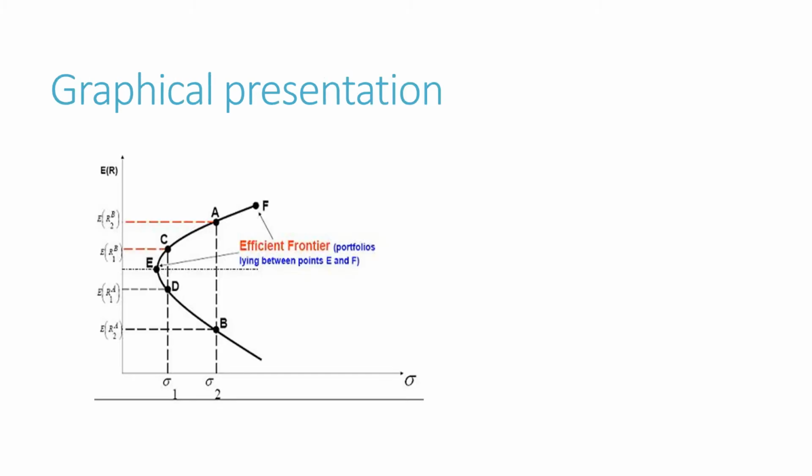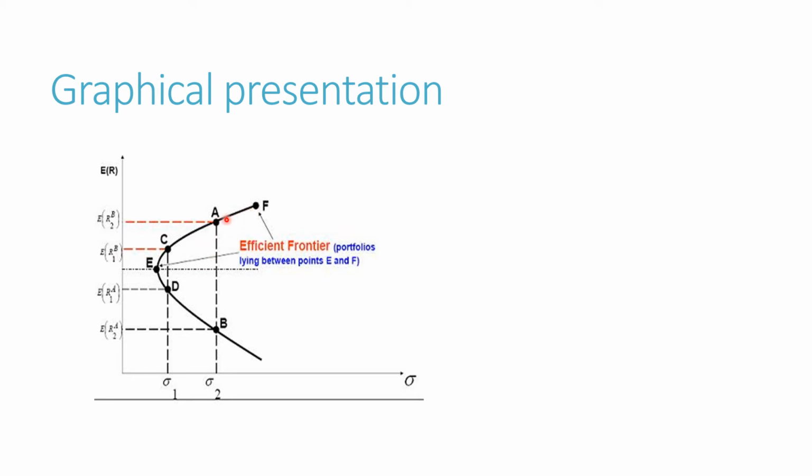Next, the efficient frontier. We'll see the graph here. The x-axis is denoted with standard deviation, that is, risk, and the y-axis is denoted with expected returns. Various levels of risk and returns are given, like standard deviation 1 and 2, wherein the expected returns are plotted.